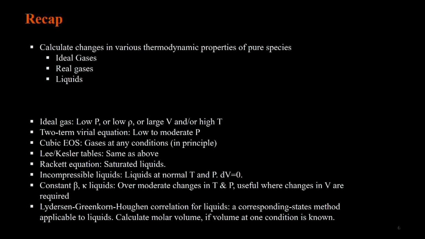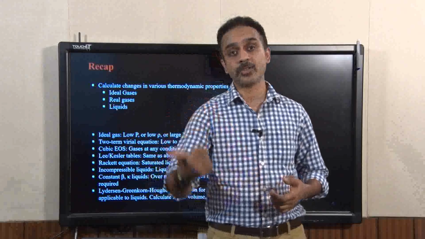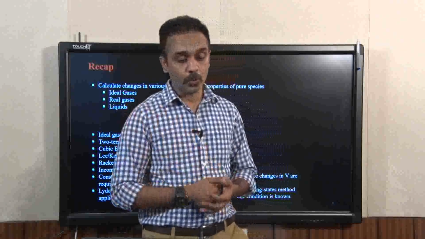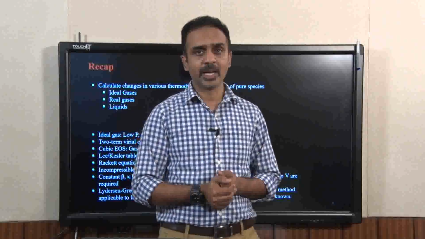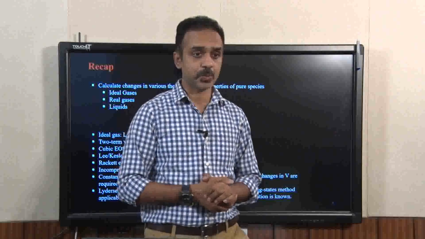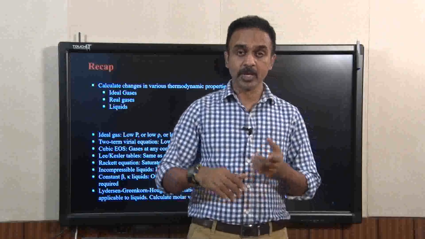Otherwise, we have to resort to equations that are applicable for real gases, and the way we have handled real gases is using residual properties. We'll come back in a minute and talk about how to calculate residual properties for various cases. And then we had developed some equations for liquids in terms of isothermal compressibility and volume expansivity. Talking about various conditions at which several types of expressions we have used so far are applicable.